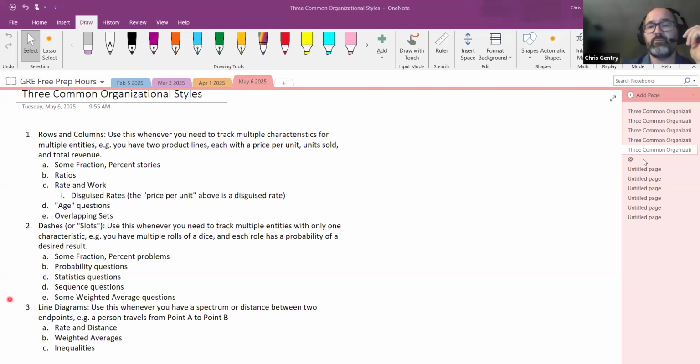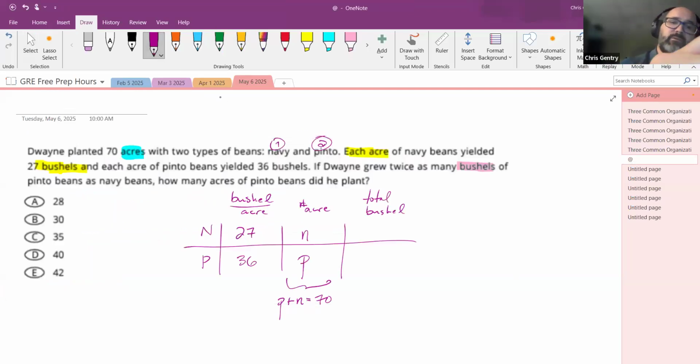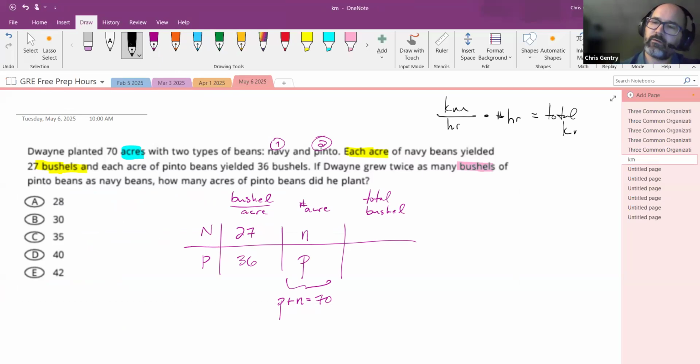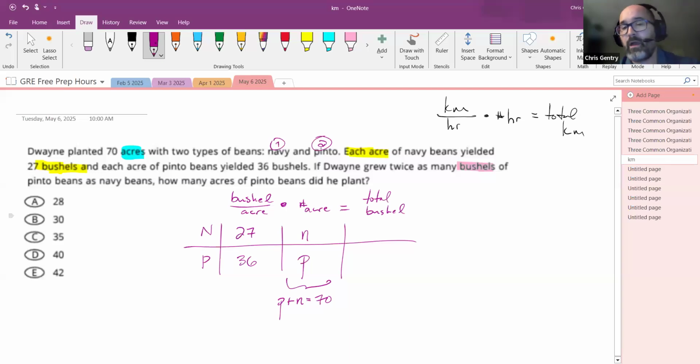And so we have here our bushels per acre, just as if you had kilometers per hour times the number of hours, that would give you the total kilometers. We have here bushels per acre times number of acres will give us the total bushels. I don't know the total bushels. That's what I'm asking for. But I can just let the relationship fill the rest of the chart naturally.